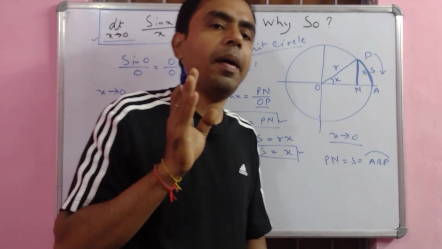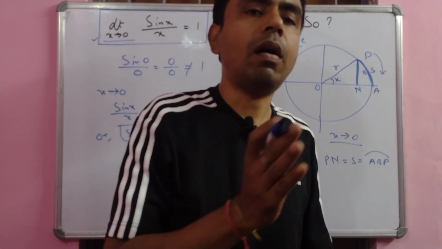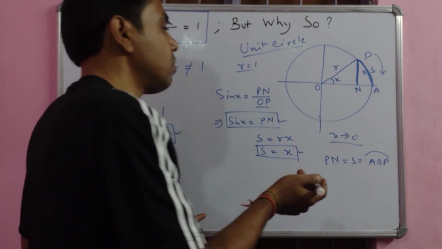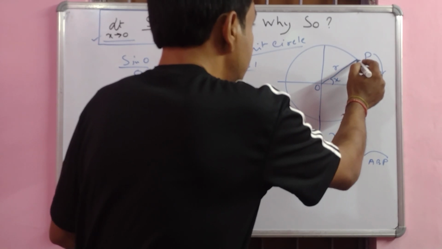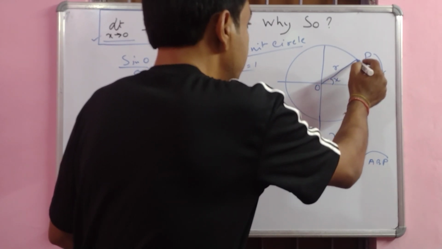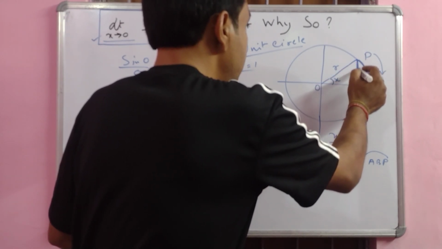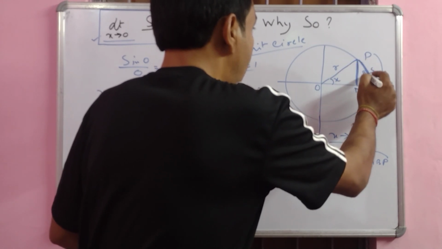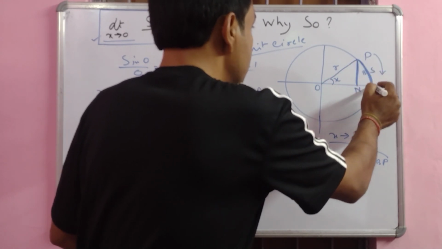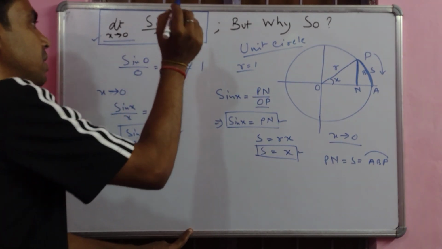This is the main fundamental concept of science or maths, whatever you could say. This straight line, this length PN, is equal to the arc length. This is the concept of this limit.